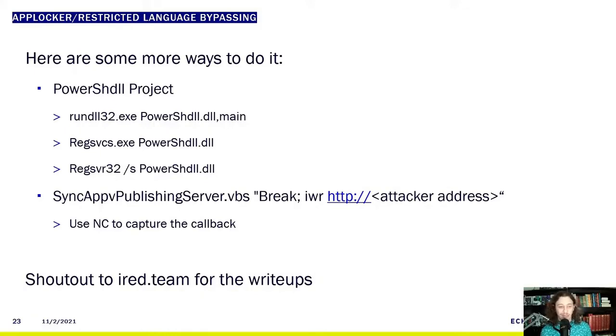I'm not too sure why. But if you put in that, like, break IWR and then your IP and have a netcat listener, you'll get a PowerShell callback. Super cool. Shout out to iRedTeam here because they have a lot of great write-ups on how to use some of these PowerShell DLL project bypasses. Go check them out.